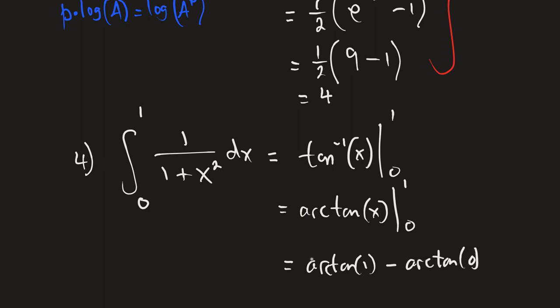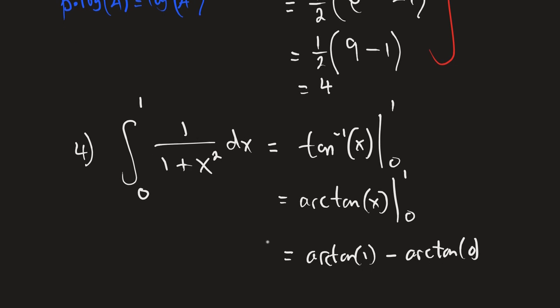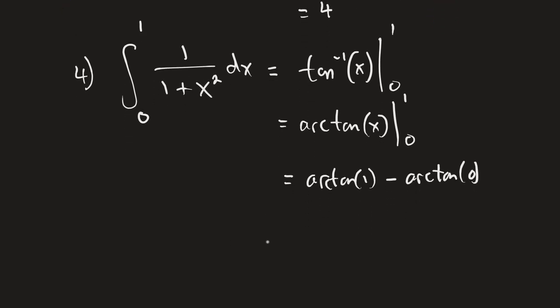The other thing to keep in mind is when you're using trig and inverse trig functions, if you are going to use a calculator, be sure to have it in radian mode. And in radians, the arctangent of 1 is that special angle, pi over 4. And then the arctangent of 0 is 0. So this definite integral works out to be pi over 4.